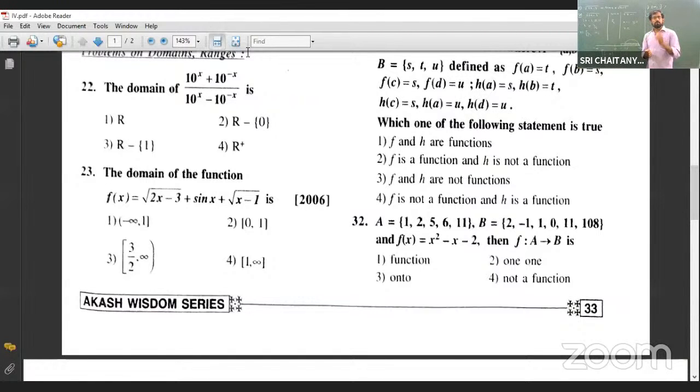After judging 2 options, you should go through the remaining 2 for 100% accuracy. Now the third one is 3 by 2 comma infinity. So this option is right according to our normal method also. Copy both methods. So let us do the problems by using shortcut methods. Why? Because time is less.